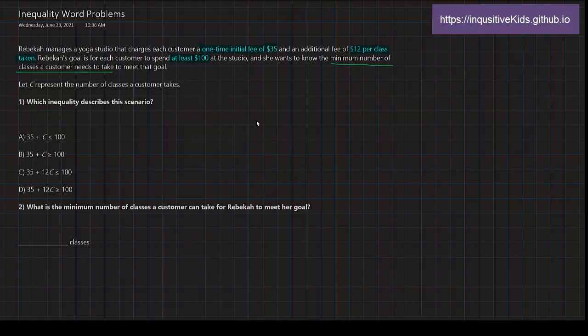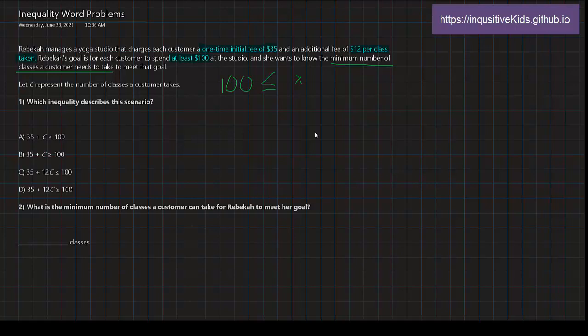So we're being asked which inequality describes this scenario. Let's go through all of the options. First one, 35 plus C is less than or equal to 100. When it says at least $100, it means greater than or equal to 100.